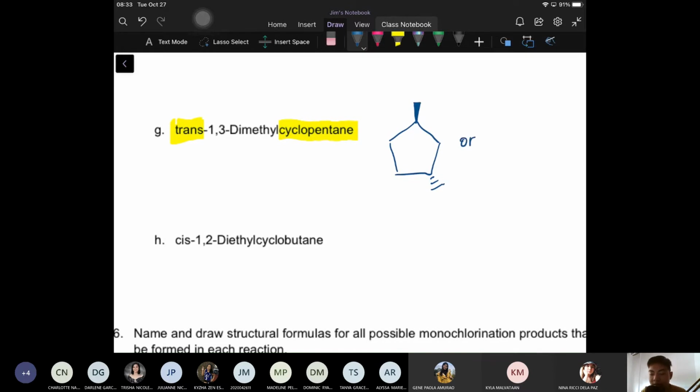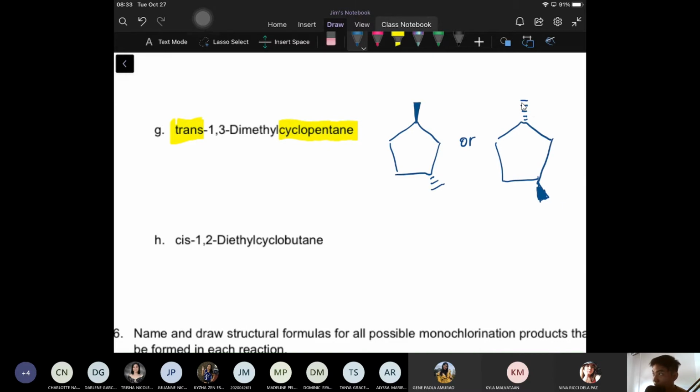Another way to draw that, no? Draw pa natin yung isang version yan, is that itong carbon 1 yung naka-point downwards, tapos andito naman yung solid na wedge. Andito yung dash, andito yung solid.